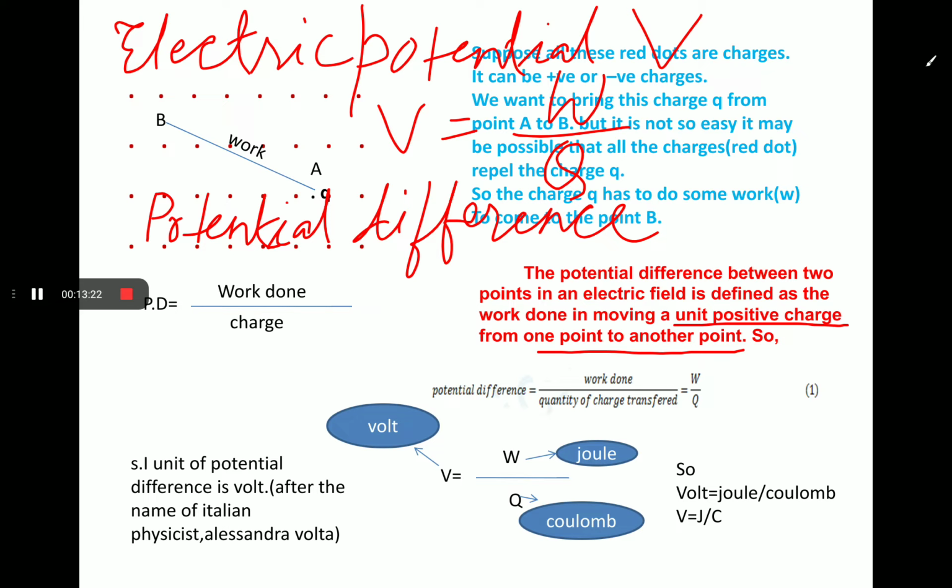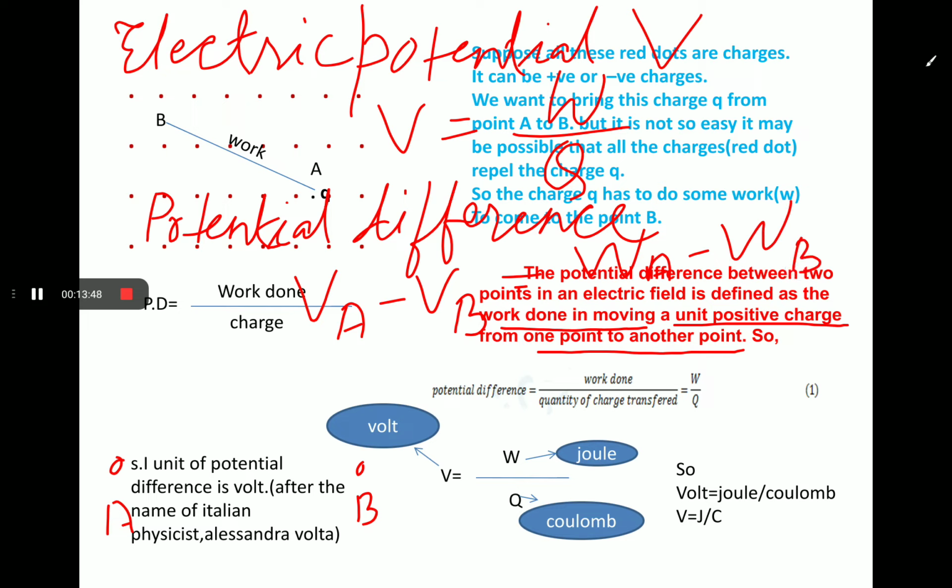So, if we have 2 points A and B, and we have to find the potential difference, we can write VA minus VB, which is the potential difference, and it is the amount of work done in moving the unit positive charge from one point to another. That means it becomes the work done at point A and the work done at point B by the charged particle.